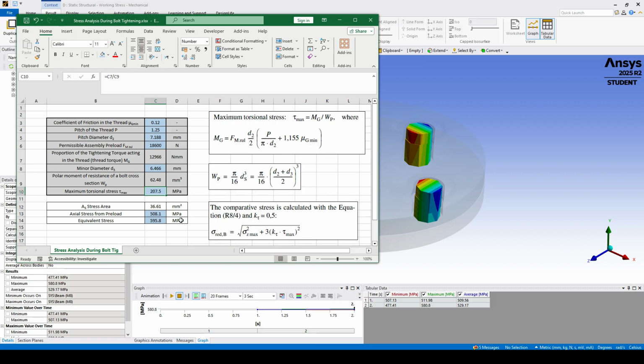As you can see in this video, we got a stress of 595 megapascal, and we still expect an additional stress coming from the load, which is 20 kilonewton distributed on these 4 bolts. But for more details, I will explain that in the next video.